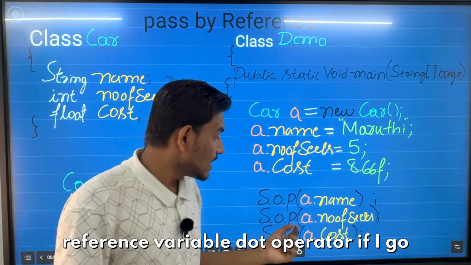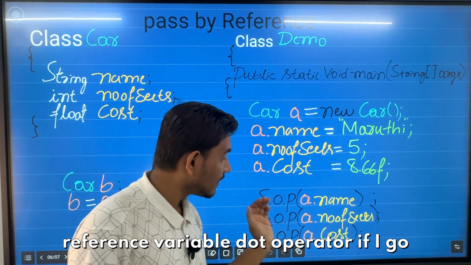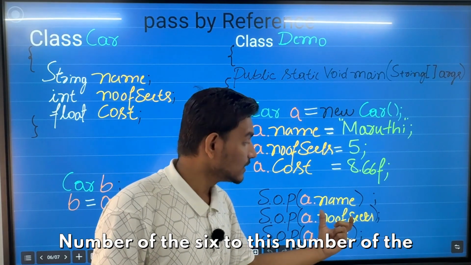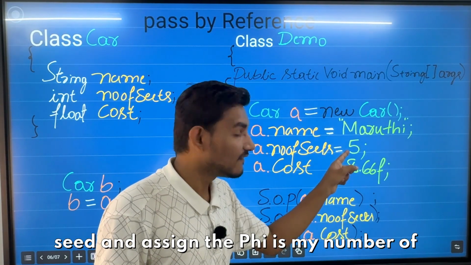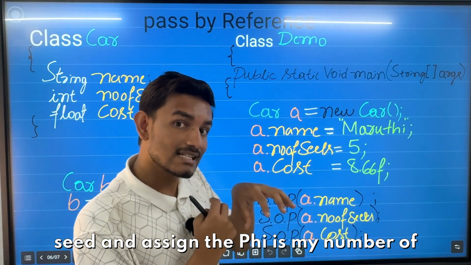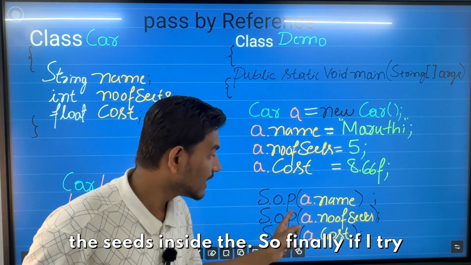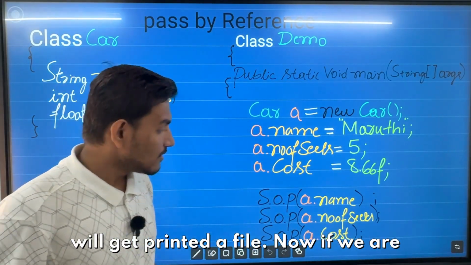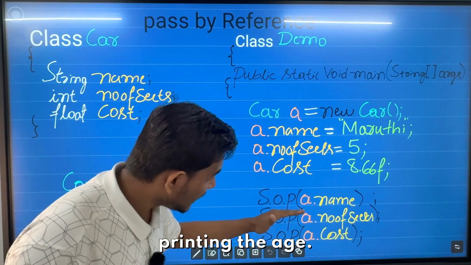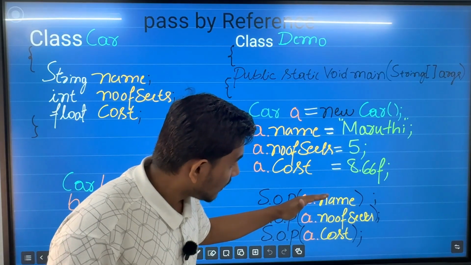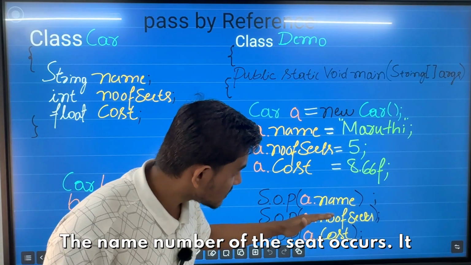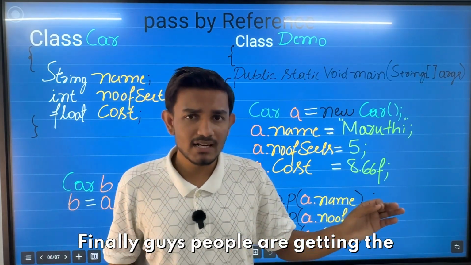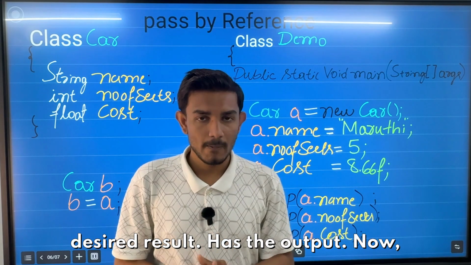Similarly, reference variable dot number of seats: I assigned 5 as the number of seats in the car, so finally, if I print it, 5 will be printed. If we print each of name, number of seats, and cost, it will be printed on the output screen. Finally, you get the desired result as the output.